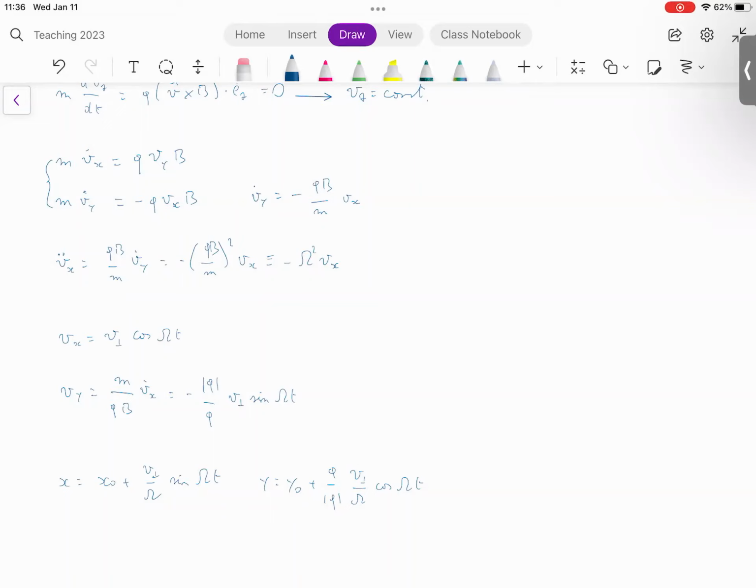Now, I'll let you play with it if you like, but it should be pretty easy for you to be convinced of the fact that ions are going to rotate in the counterclockwise direction, and electrons are going to rotate in the clockwise direction, and they're both going to experience circular orbits.